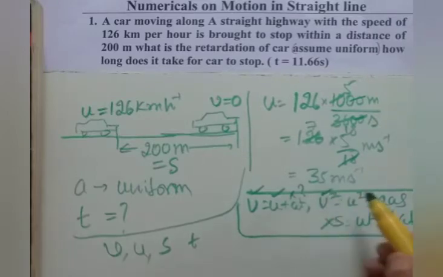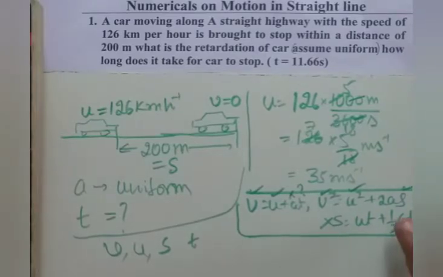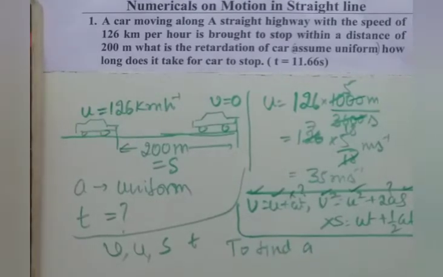There also we mark V is known, U is known, S is known. Observe, all the 3 quantities are known except only one, A is not known. To find A, you can make use of this equation. So I write, to find A. Once we find A, you can substitute back into V equals U plus AT to get T.